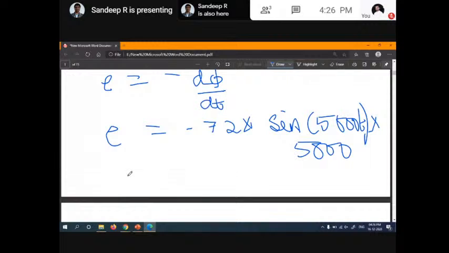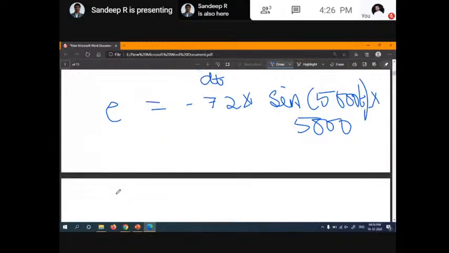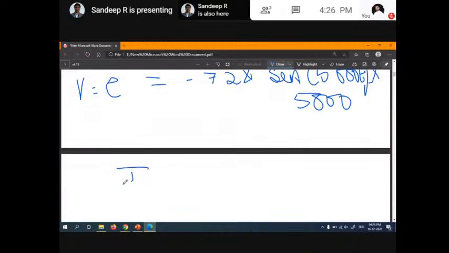Once you get E, you can calculate current from this. This E is nothing but the EMF induced, so this is the voltage. Once you get voltage, current is equal to V by R. The R value is given as 900 kilo ohms.